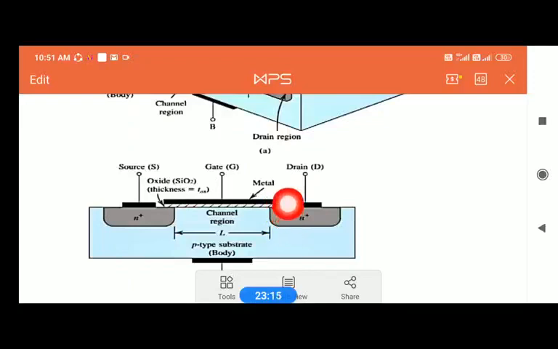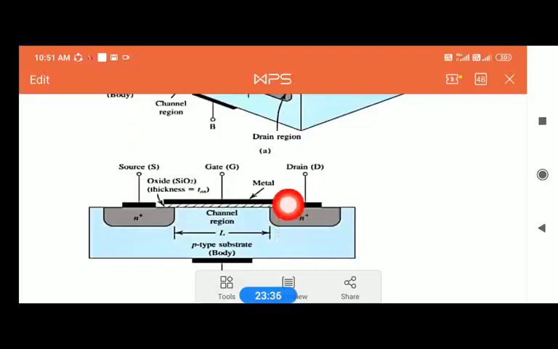Between this overlap there will be a small capacitance effect due to the gate, the oxide, and the N type of the drain. This is what we call overlap capacitance.